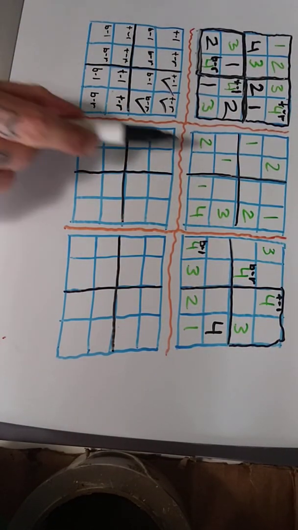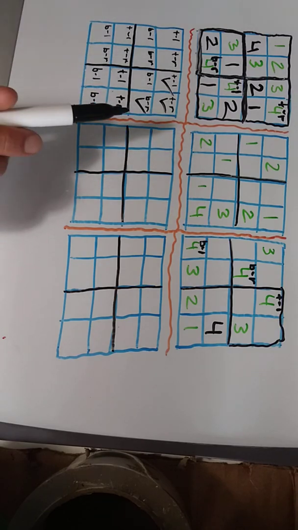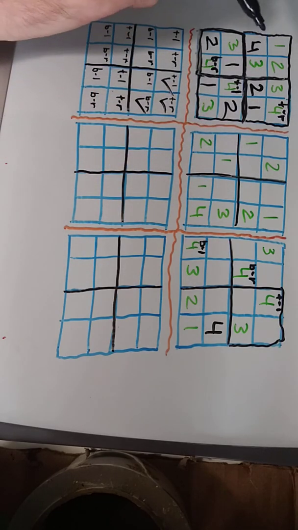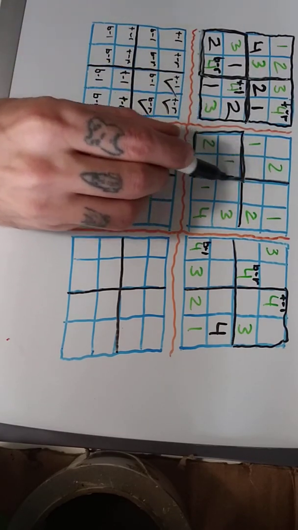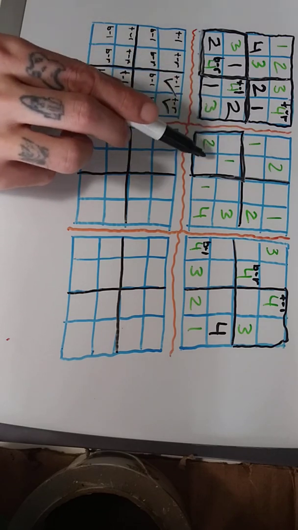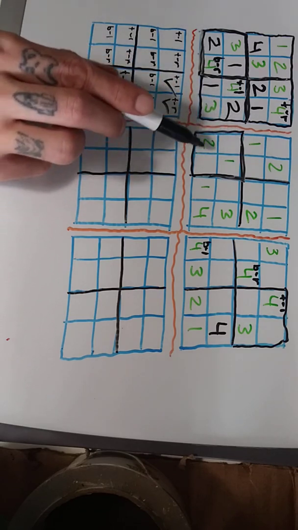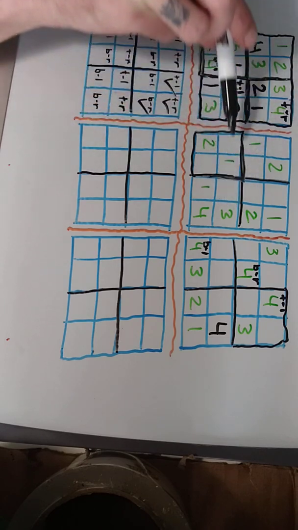So then jumping to this puzzle here, looking at the bottom left box, we want to find these 2 numbers. So we know we need a 3 and a 4. And if we look over here, we see there's a 3 in this row.